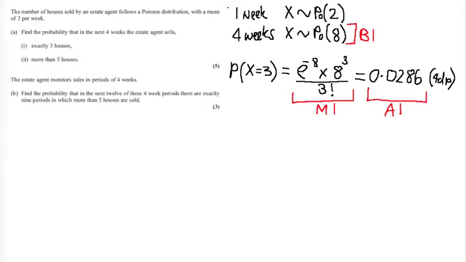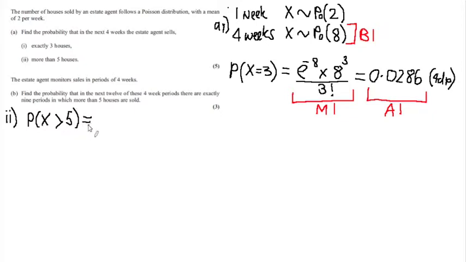Okay, so let's have a look at part 2. Now, we're then asked to find the probability that more than 5 houses are sold. So we're looking to do the probability X is greater than 5.